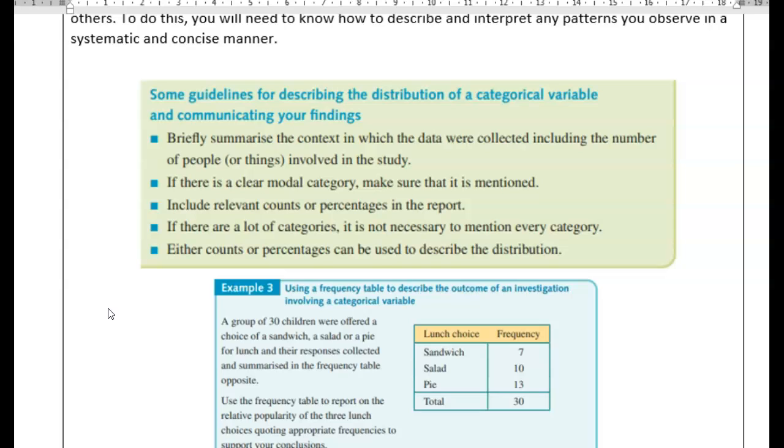So obviously if, let's say this was extended to McDonald's and where you've got all different burgers and what else do they have? Nuggets, stuff like that. There would be heaps of categories. So it's not necessary to perhaps mention every single one, probably just refer to the most frequent, the modal category, and maybe even the least frequent to say what was the most popular and what is the least popular. Either counts or percentages can be used to describe the distribution.